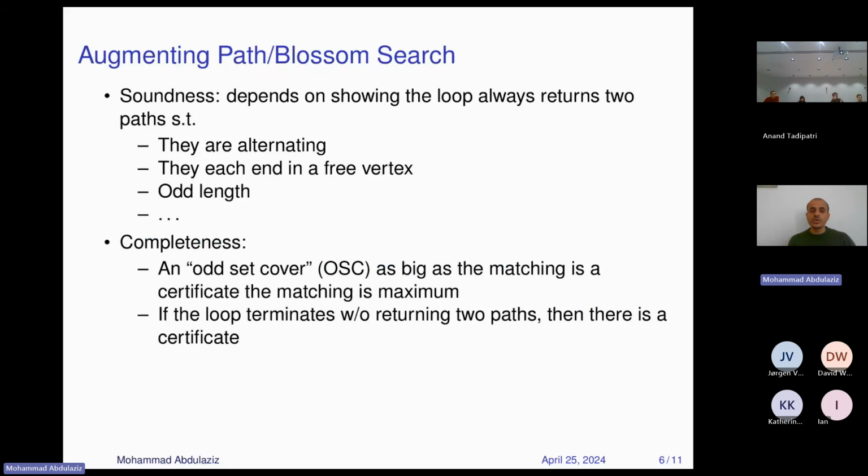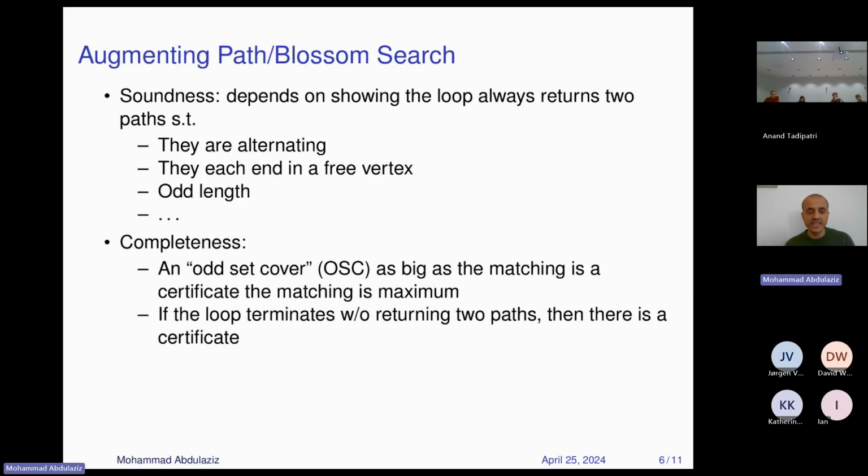The second direction is that if the algorithm does not find anything, then there is not an odd cycle and there is not an augmenting path. This is based on showing that if the algorithm finds nothing, then it can always construct a certificate that no odd cycle and no augmenting path exists.